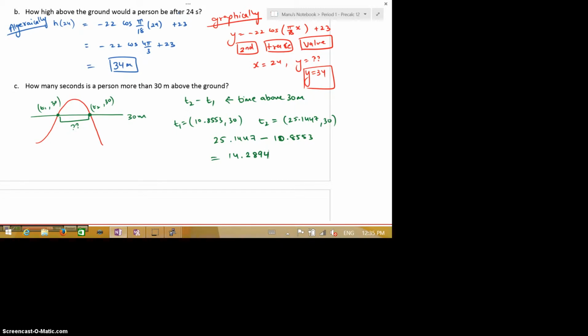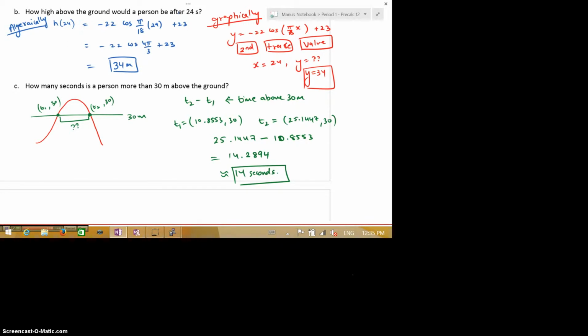I'll round to the nearest second, so approximately 14 seconds. So the person was above 30 meters height for approximately 14 seconds.